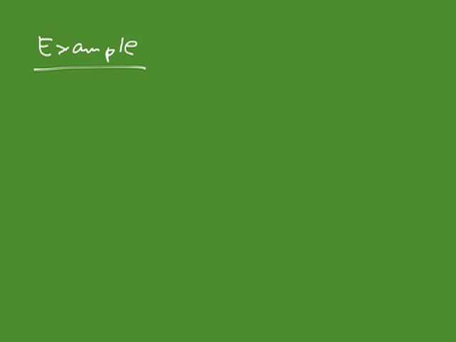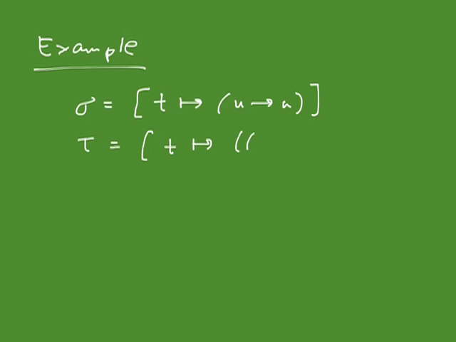Here we go. Here's one type substitution that says that t maps to u arrow u. And here's another type substitution that says that t maps to v times v arrow v times v.